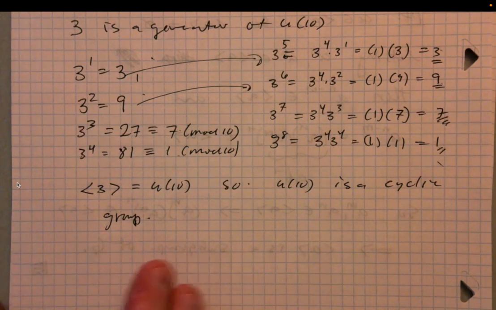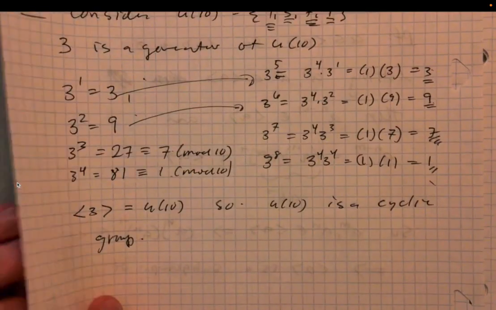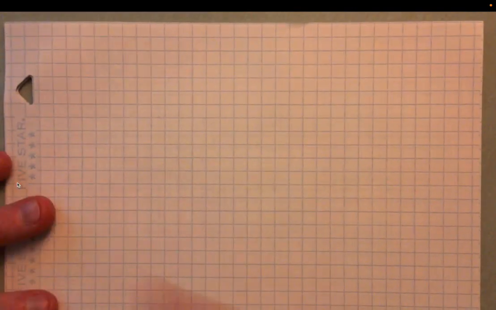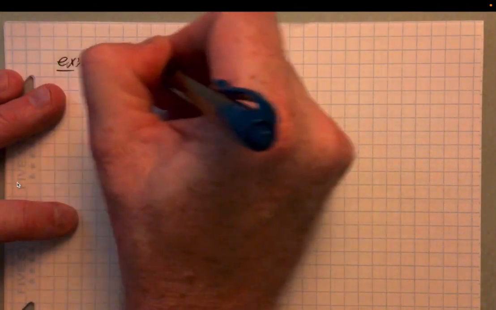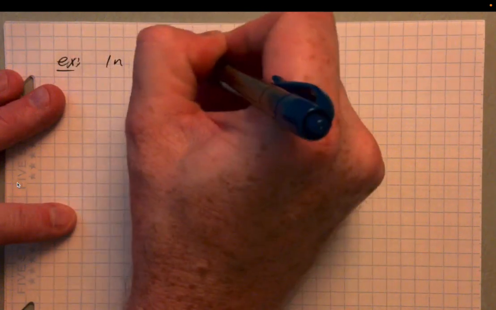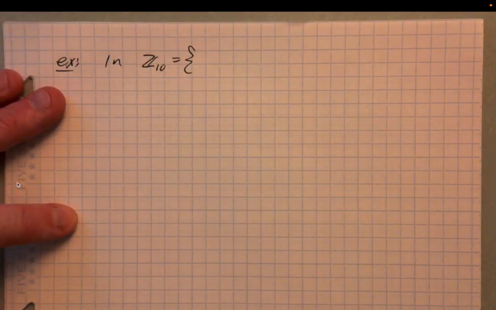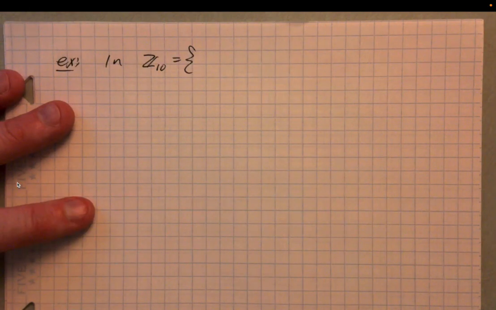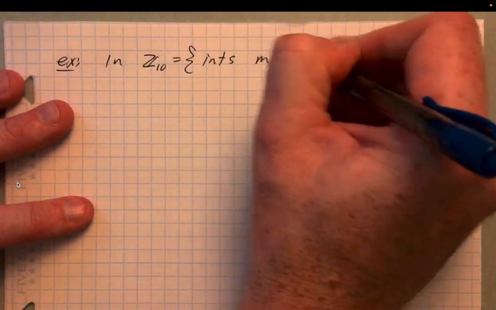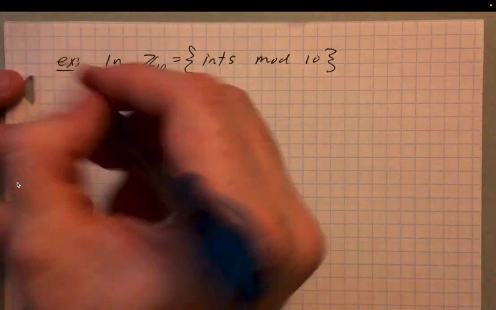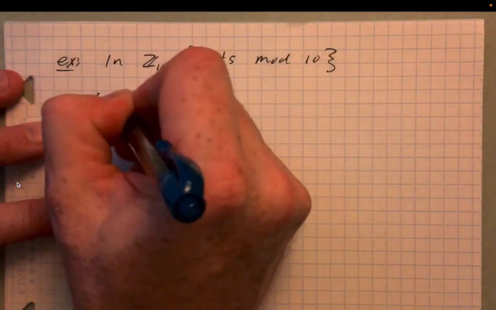All right. Very good. Let's take a look at another example. Let's look at Z10. All right, so these are the integers mod 10. And let's look at 2, the generator here.